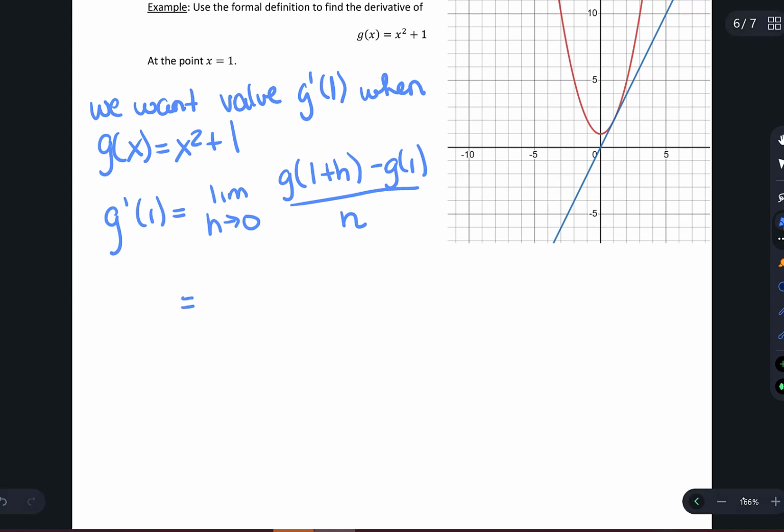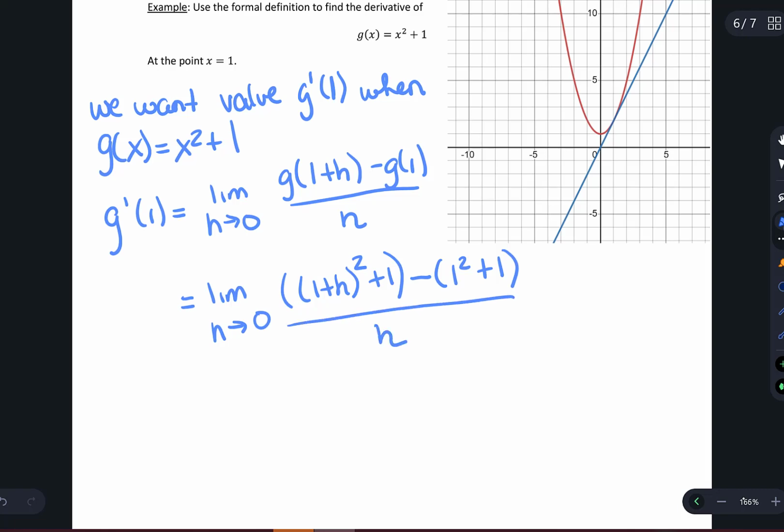So this is equal to the limit as h approaches 0, and what I'm going to do in here is evaluate g of 1 plus h and g of 1. When I evaluate g of 1 plus h, I'm going to have (1 plus h) squared, because that is the x, plus 1, minus, I'm going to evaluate g at 1, so that's 1 squared plus 1, and again, I'm going to divide by h.